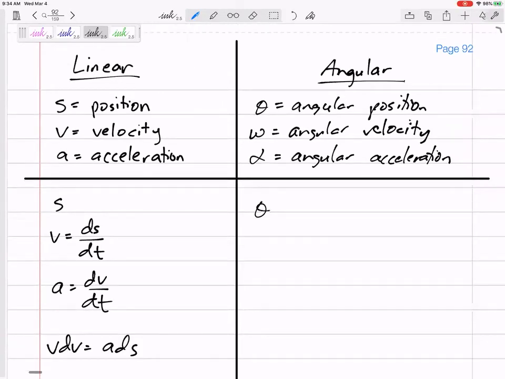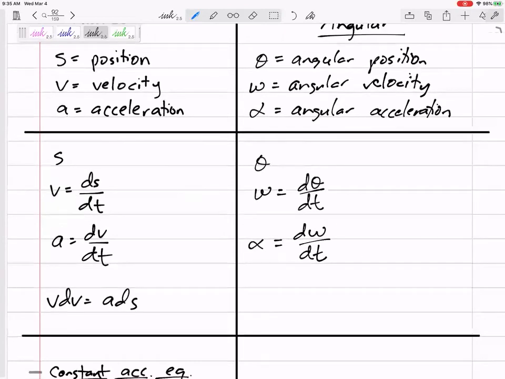So if we start with some angular position theta, the angular velocity is still the derivative of angular position. And alpha is the derivative of angular velocity. And even this right here, v dv equals a ds, now omega d omega equals alpha d theta.